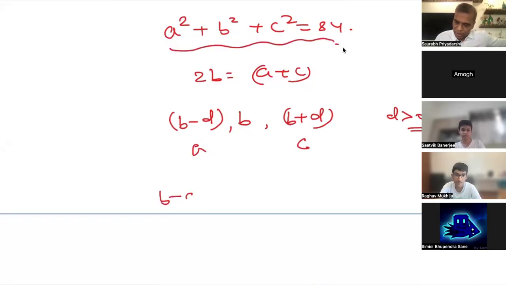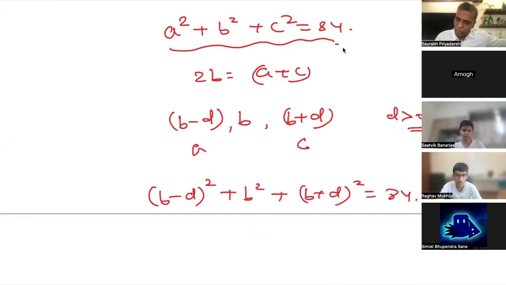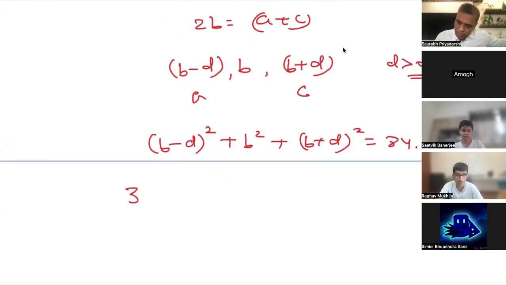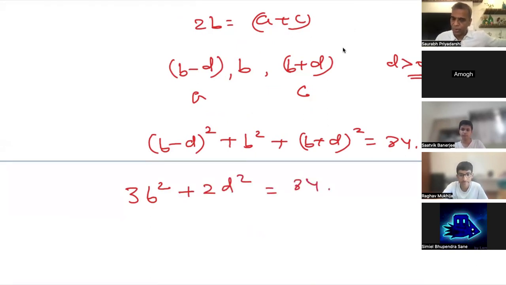B minus D the whole square plus B square plus B plus D the whole square is equal to 84. So this is 3B square, 2BD cancel out, plus 2D square is equal to 84.